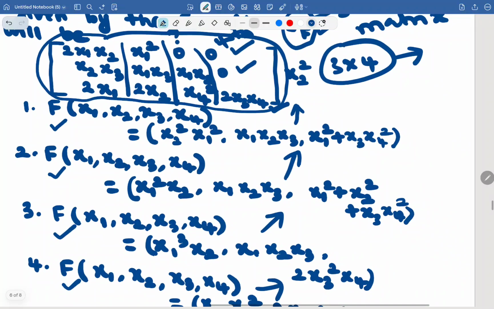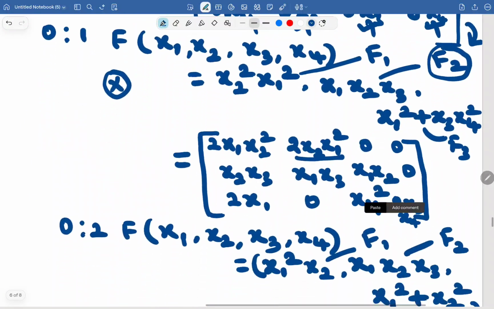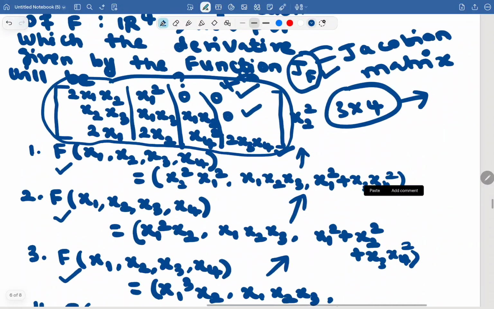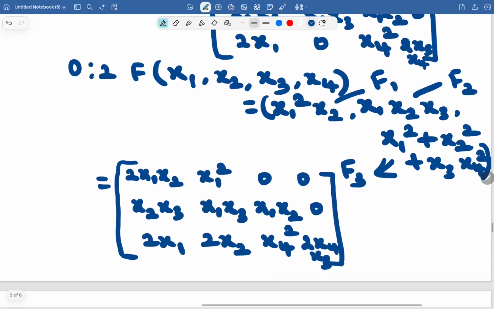First row 2x1 x2 x1 square 0 0, 2x1 x2 square x1 square 0 0, first row correct. Second row x2 x3 x1 x2 x1 x2 x3 x1 x3 x1 x2, second row correct.